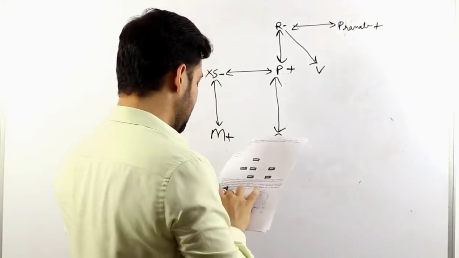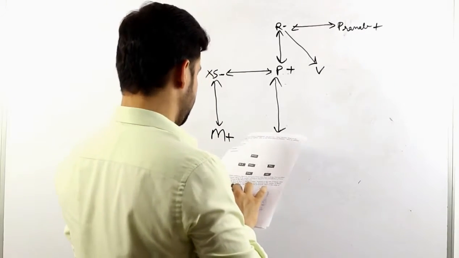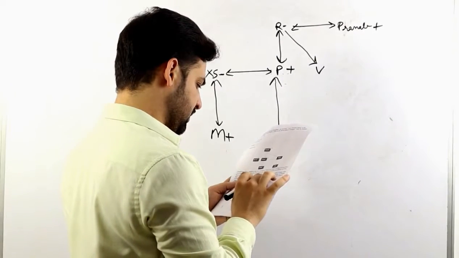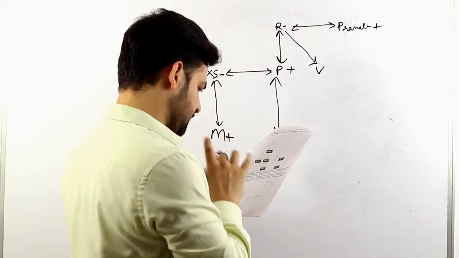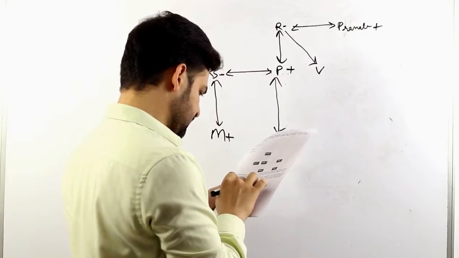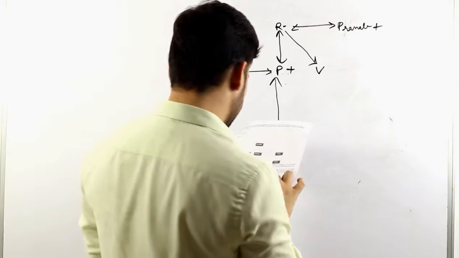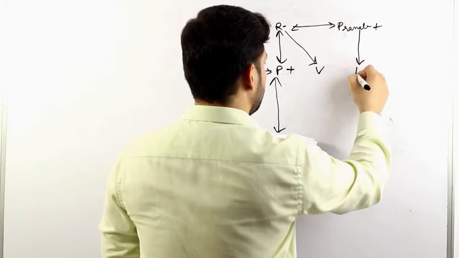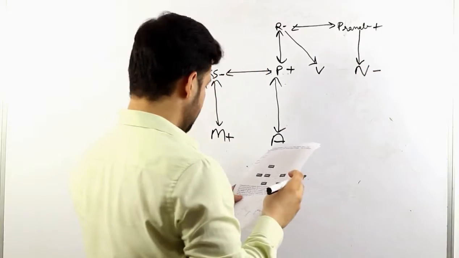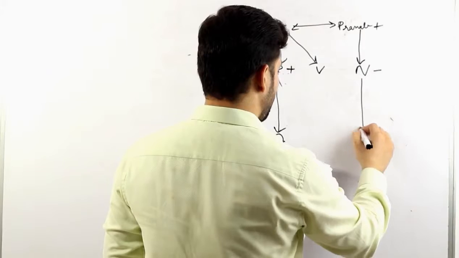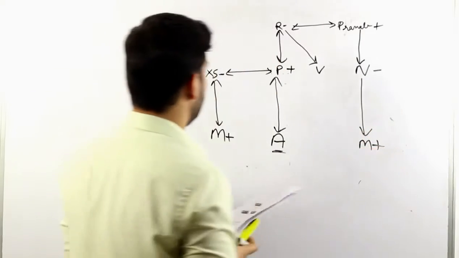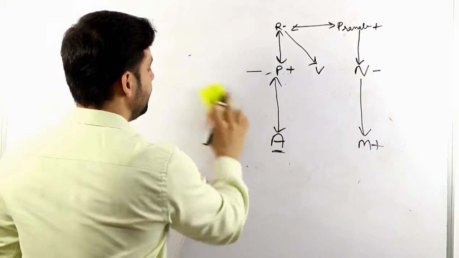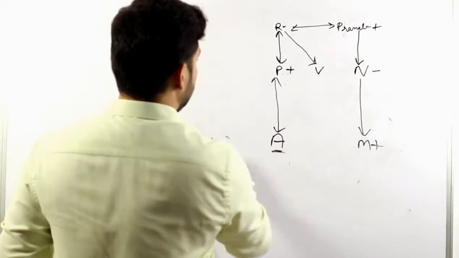Pranab is the father of Neela and the grandfather of Mohan. I just missed this. Okay, we got this value too. We got the XS value. We got this value, right?